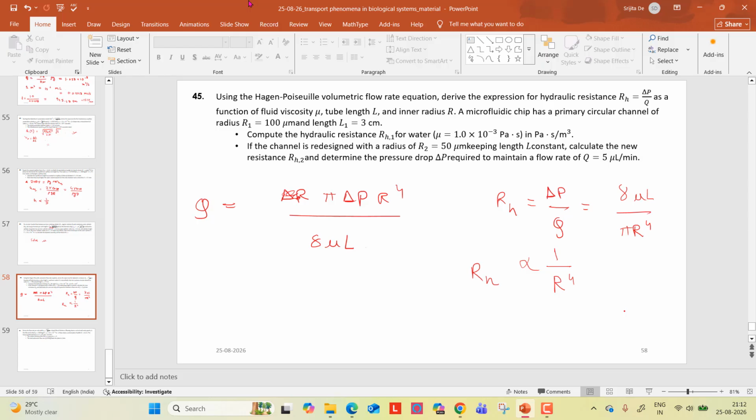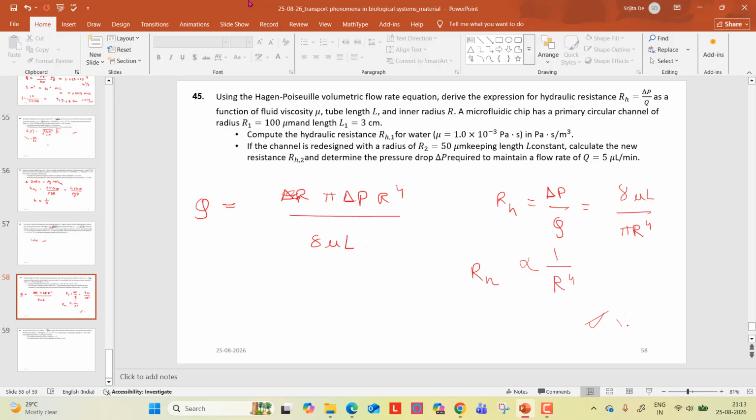Now you will get the new RH2, and from there you will be getting the Q, and you can calculate the delta P easily. It is very easy. Solve it yourself. I have told you how to solve it.